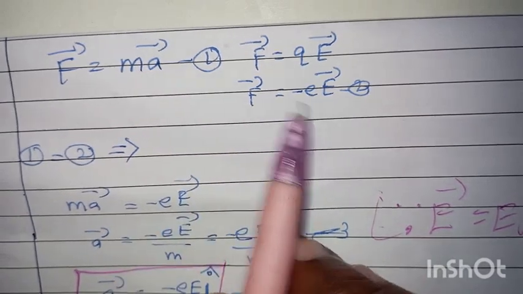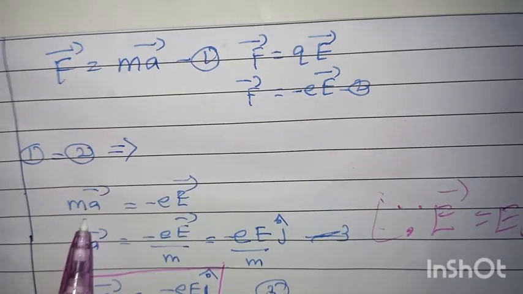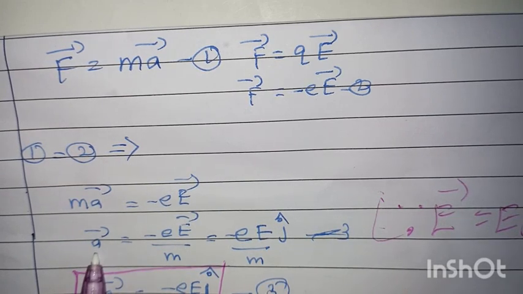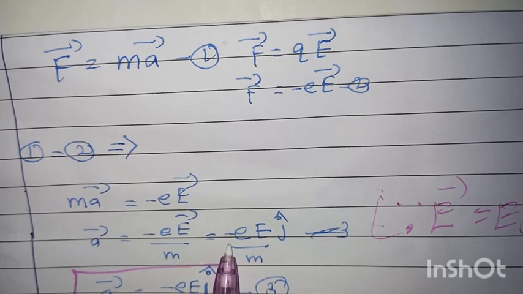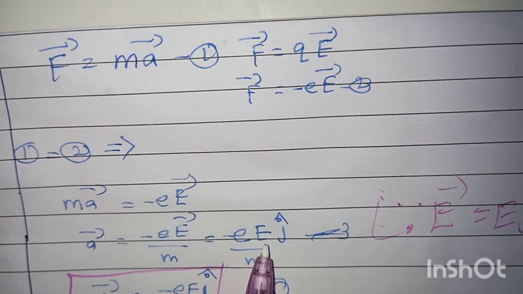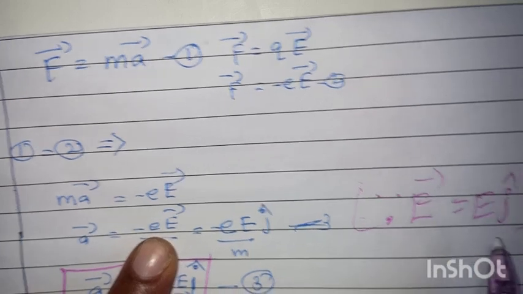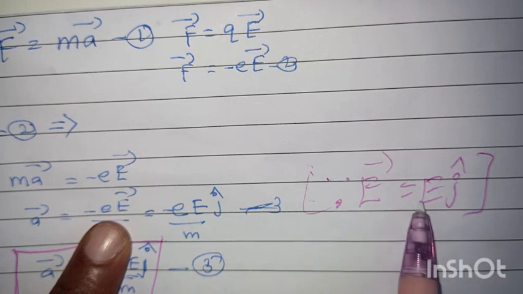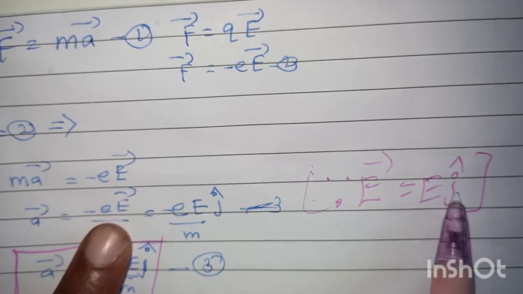Now we can equate these two expressions. So equating 1 and 2, we get m into a vector is equal to minus e into E vector. From that the expression for a is derived as minus e into E vector by m. E vector is equal to E into j cap, where j cap is the unit vector along the positive y-axis.